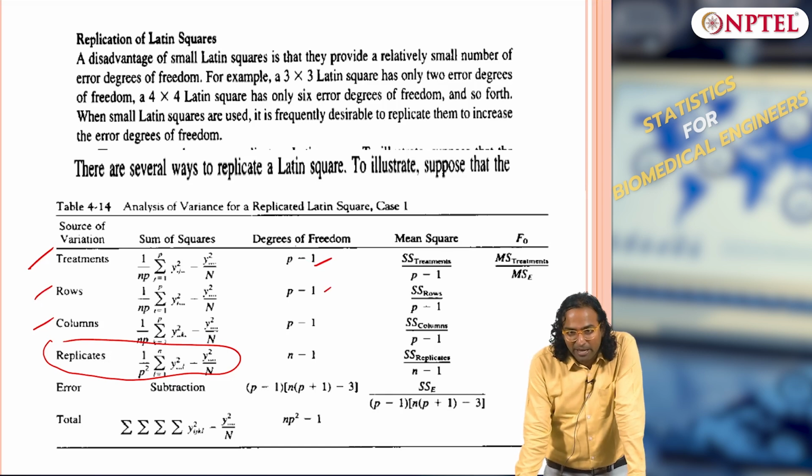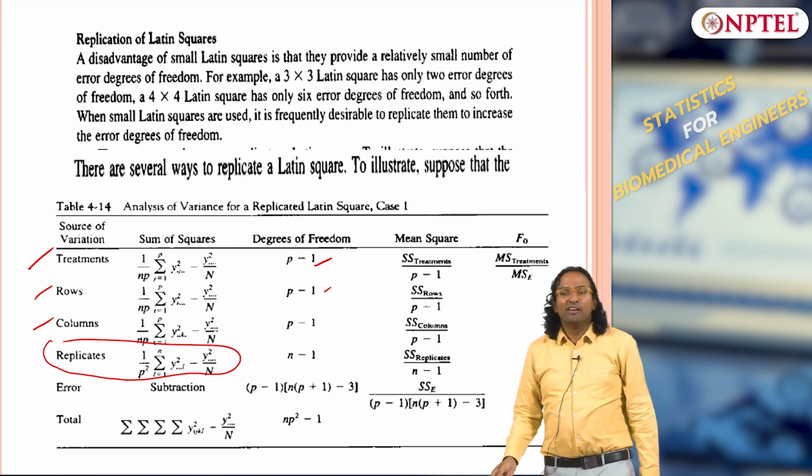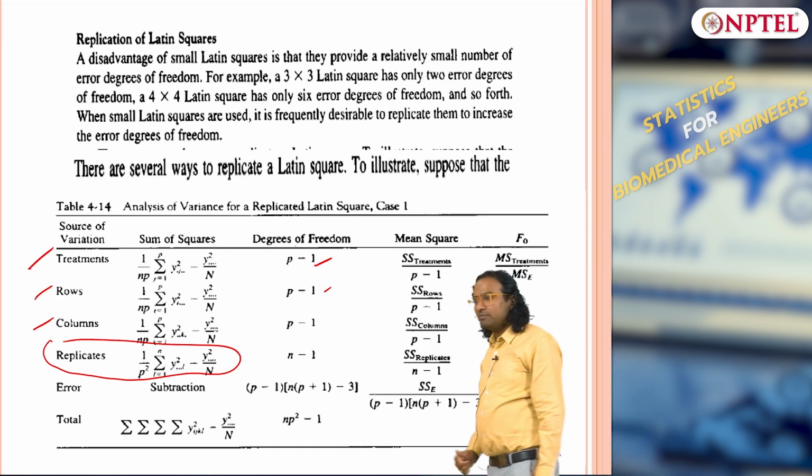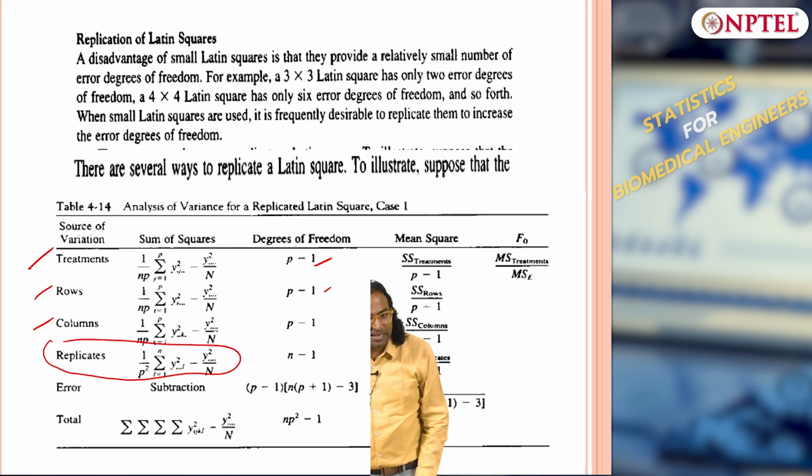If there are a treatments, a minus 1 is the degrees of freedom for treatment. Similarly, for rows and columns. What will change if you change n? If you do more replications, what will change? Which degrees of freedom will go high? Yes, error degrees of freedom will go high, right, that is what we want.